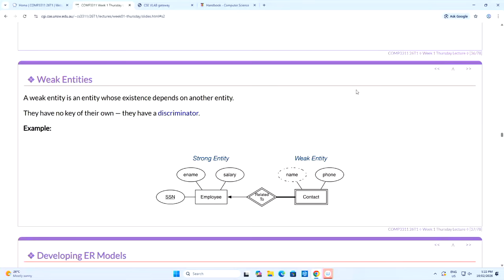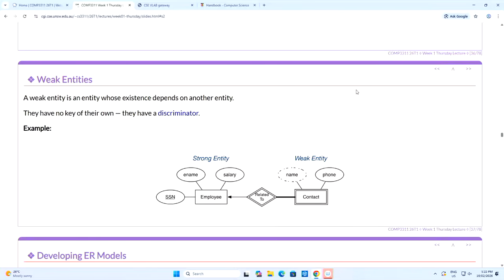As you can see, the identifying relationship of a weak entity is a double diamond, indicating that it is an identifying relationship of a weak entity. So this is called an identifying relationship, and this is called a weak entity. And look at this.